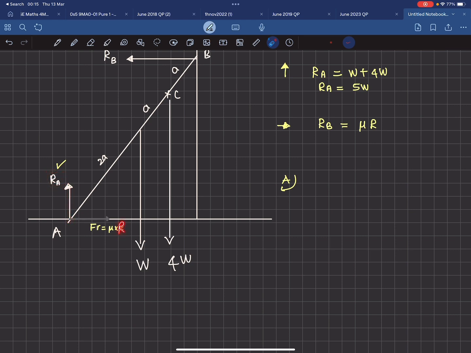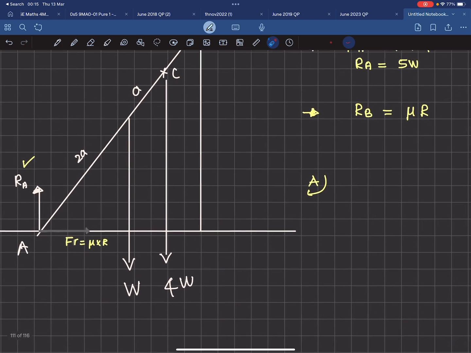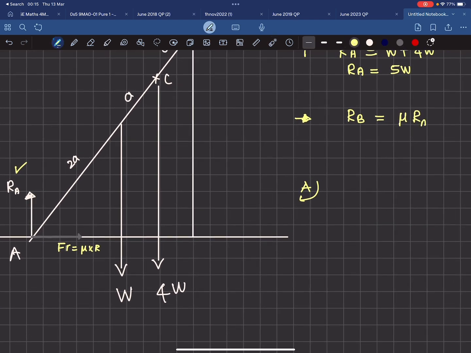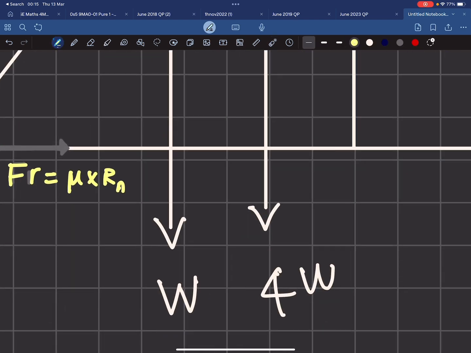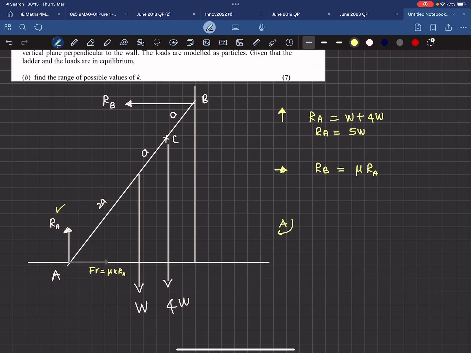So that R, as a result of the friction, is experiencing this reaction. So RA is what that is. So I'm going to mark this as RA here and then RA here so that you don't get confused. Which R am I going to be using? So that's that. And then I can substitute RA as 5W equals RB.